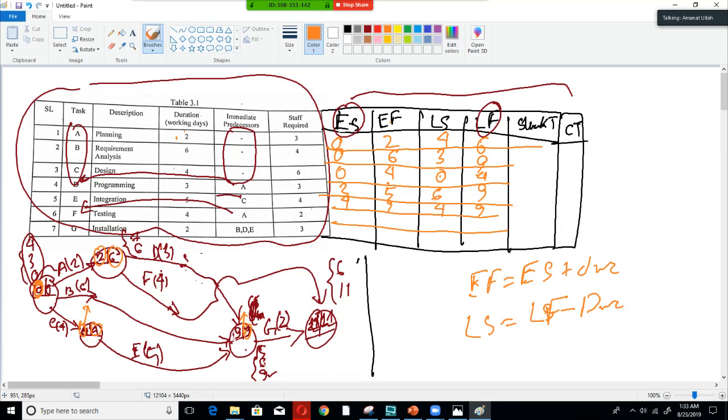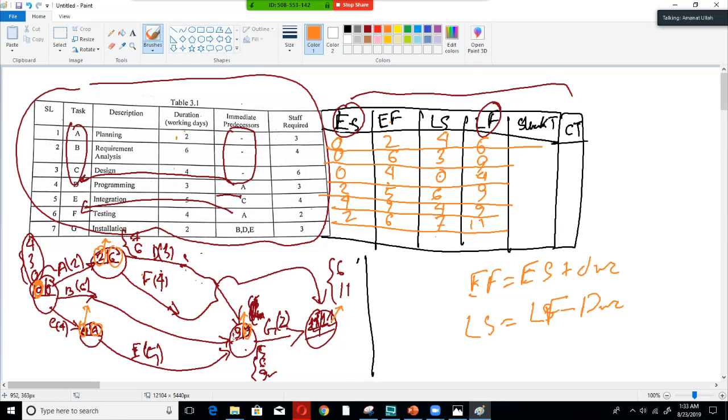Okay, so moving on for state F, the EF will be this 2 over here, so 2, and the LS will be this 11 over here, and the duration is 4, so 2 plus 4, this will be 6, and 11 minus 4, it will be 7.